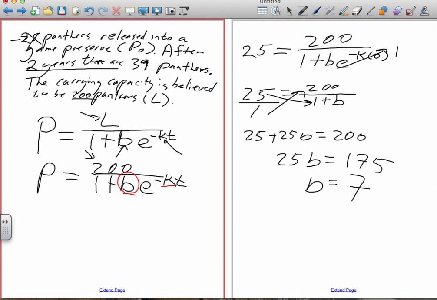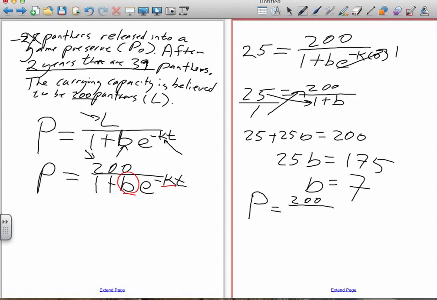Now we're going to have to use this point to get our K. All right, so our equation now, as we have it, is P is going to be equal to 200 over 1 plus 7 times e to the negative kt.